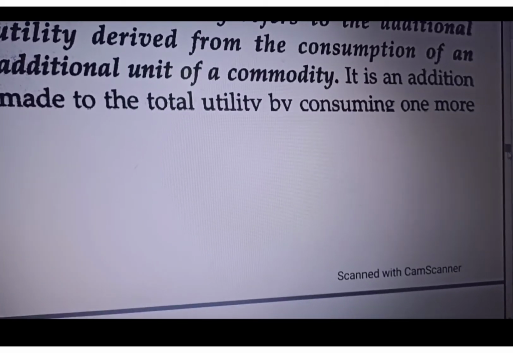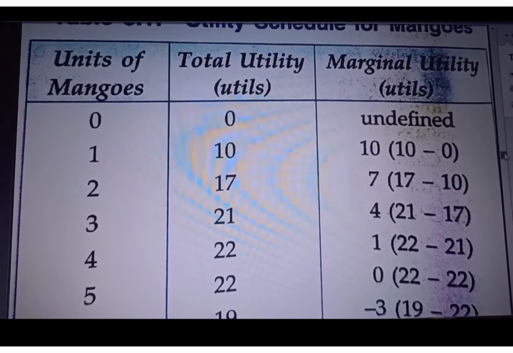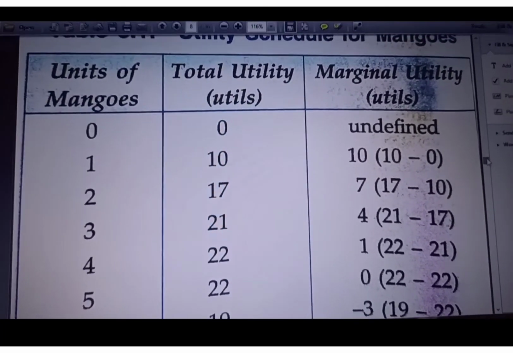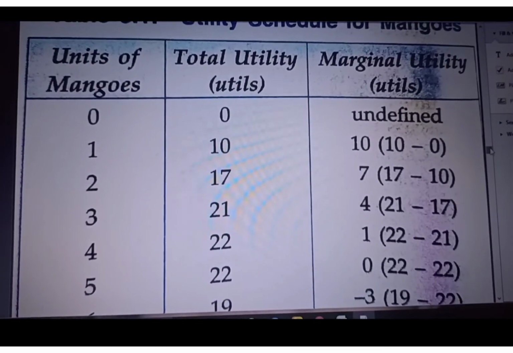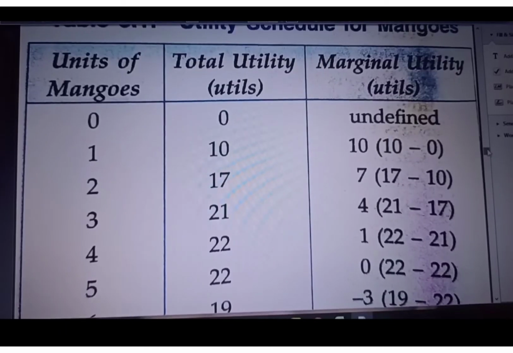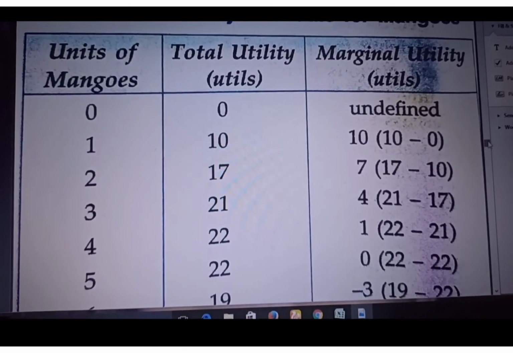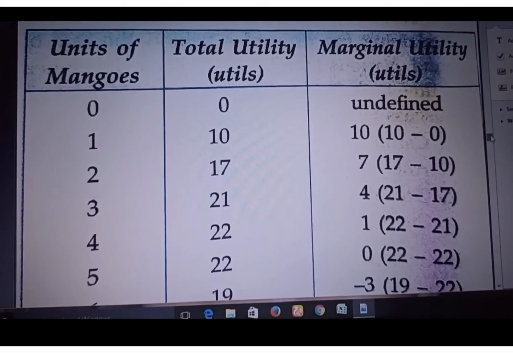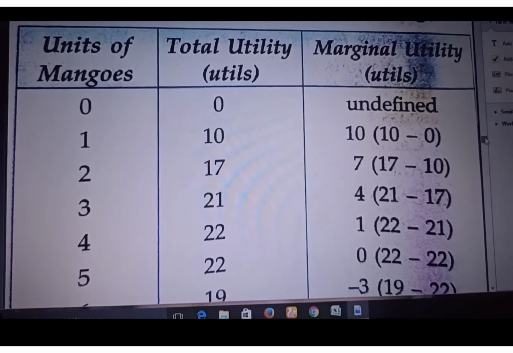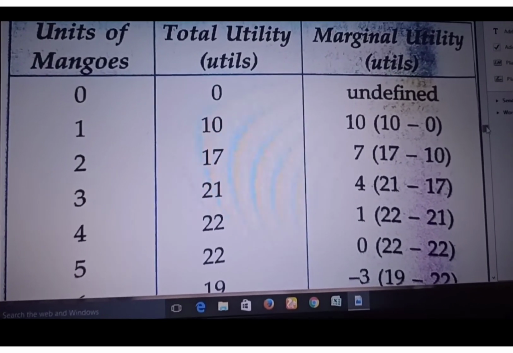So let us clarify by the example. Here we can see we have taken the unit of mangoes. For the first mango you are willing to pay rupees 10. So marginal utility for the first unit was 10, and for the second unit of mango you were not willing to pay the same rupees 10.